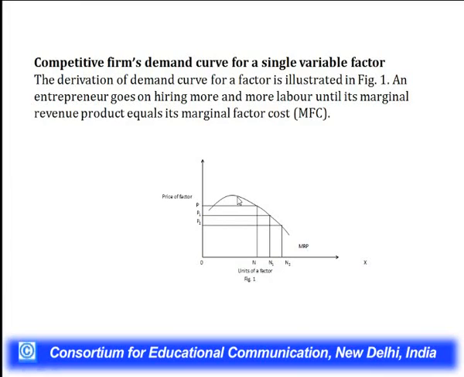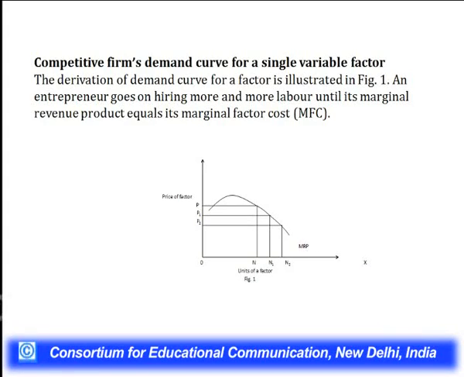The upward rising MRP is not a part of the demand curve for a factor. So according to this, if the price of the factor is OP, then demand for labor or demand for the factor will be ON, because at this point MRP is equal to the factor price, and just now I have told you that MRP is also equal to the value of marginal product.